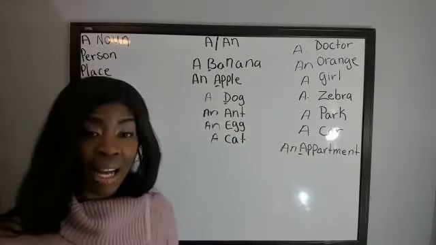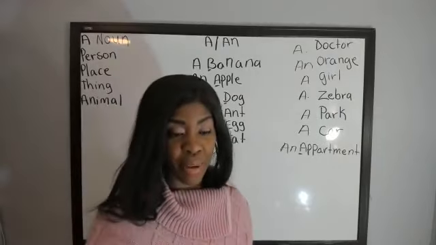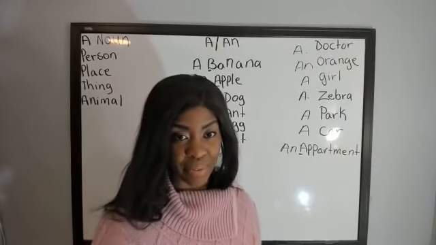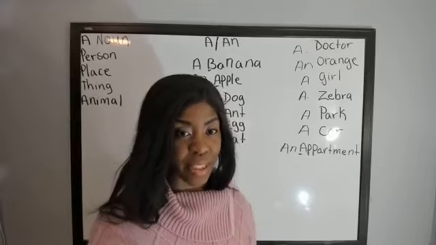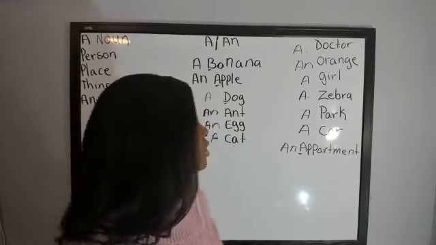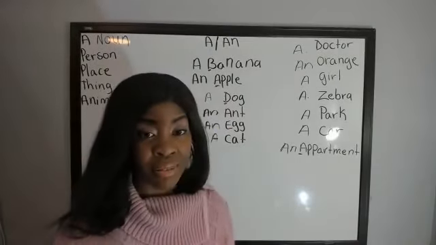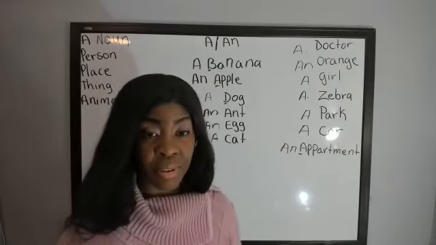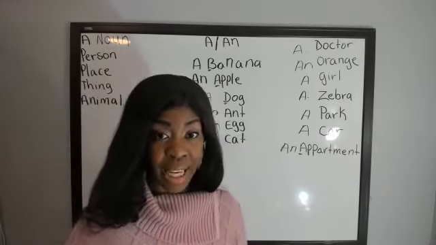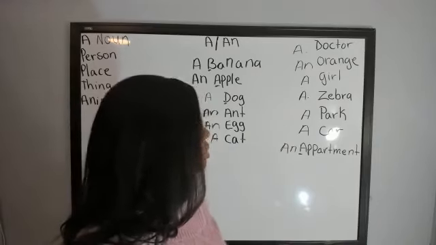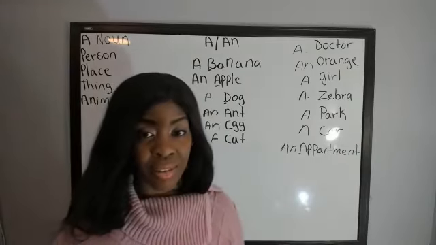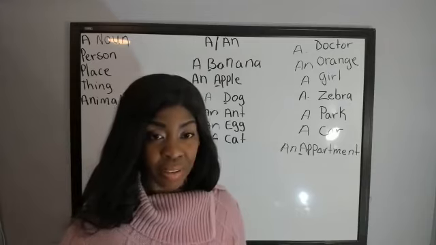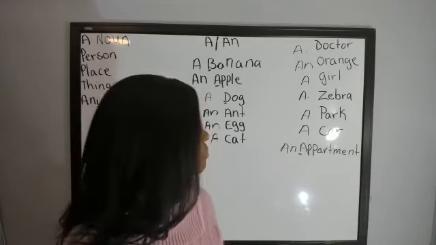Now I'm going to go over them one more time and I want you to listen carefully. Starting with the first one: a doctor, that's a person. An orange, that's a fruit. A girl, that's a person.